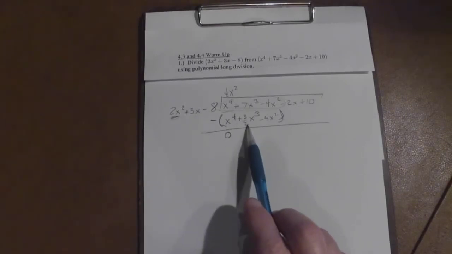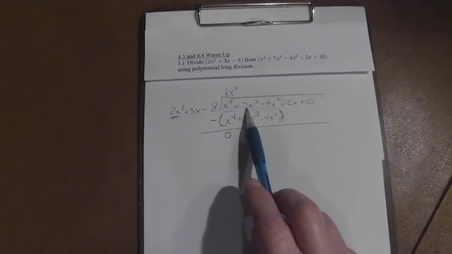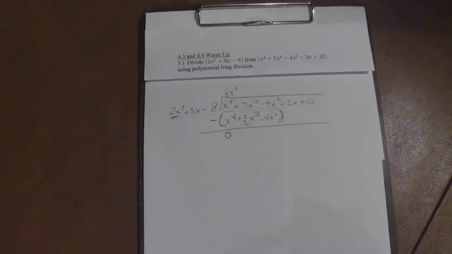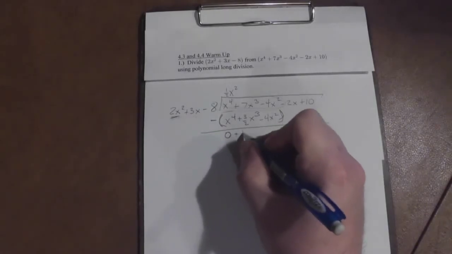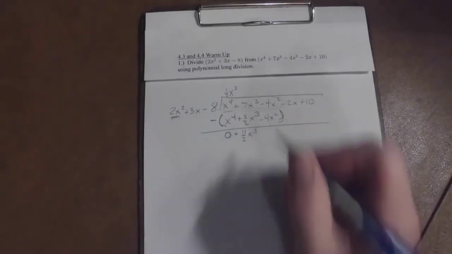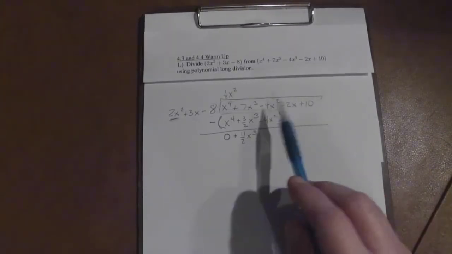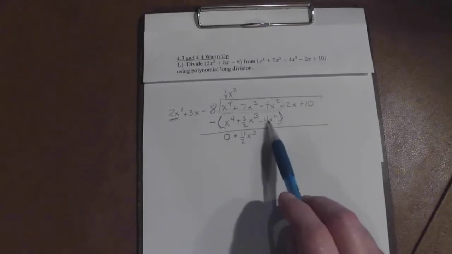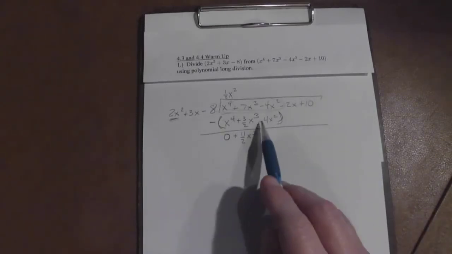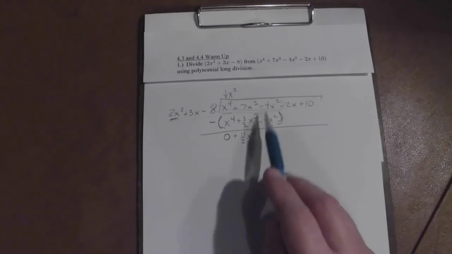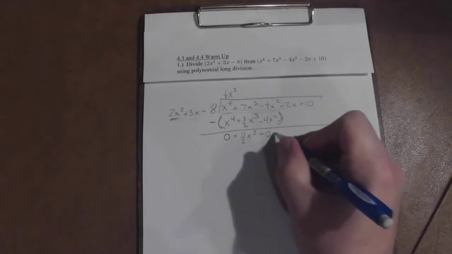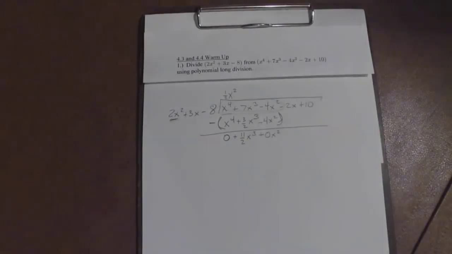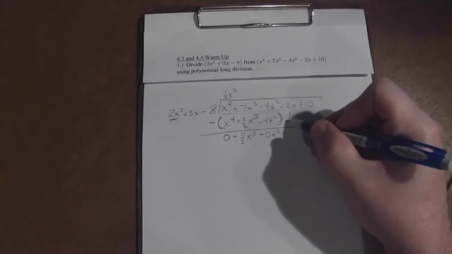Whereas 7x cubed minus 3/2 x cubed would be, if we go with common denominator, 14/2 minus 3/2, which results in positive 11/2 x cubed. Now when we take negative 4x squared and subtract a negative 4x squared, the minus the negative is like adding it. So this would be minus 4x squared plus 4x squared, and that result is 0x squared.